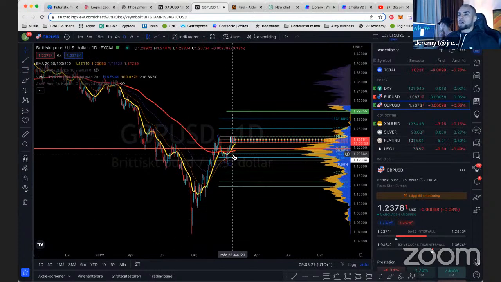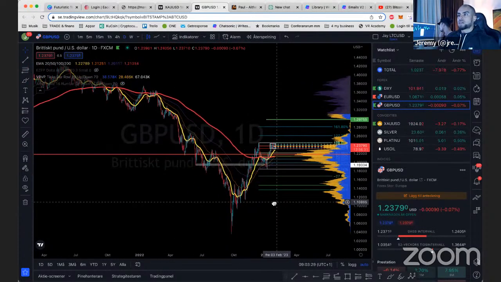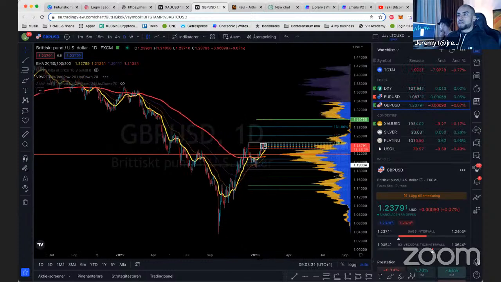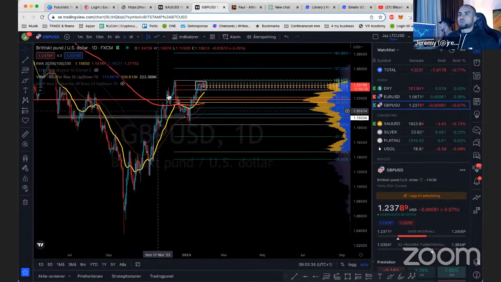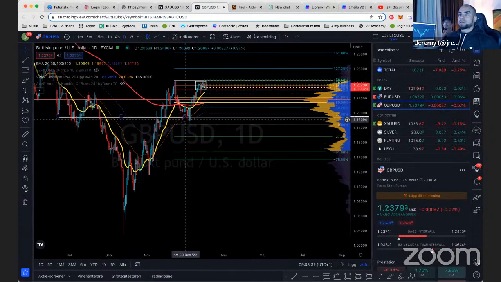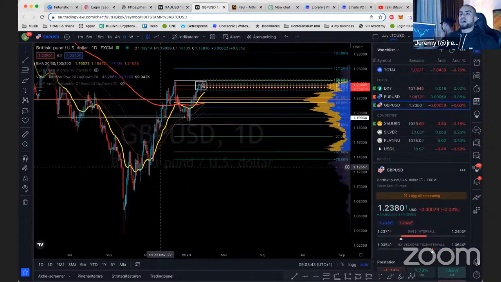And since then, it's been an upwards bull rally, with no real retracement. The only retracement we saw was this one here, but that was a very shallow retracement. So I think we still got a lot of upwards momentum in this currency pair. So we will see where it takes us in the long term.